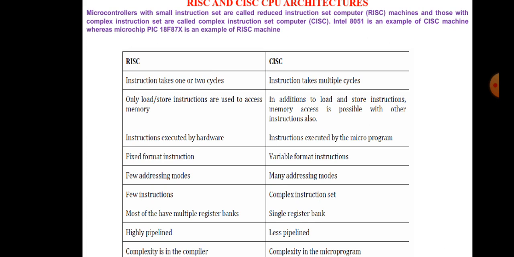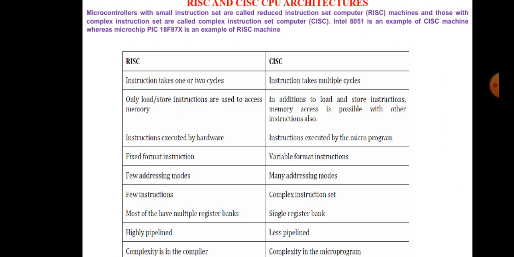Means in RISC, memory accessing is done only with load and store instructions. In CISC, along with load and store, memory accessing can be done with the help of other instructions also.